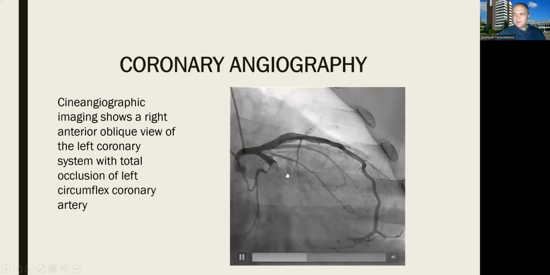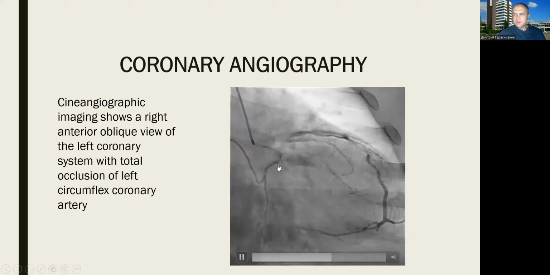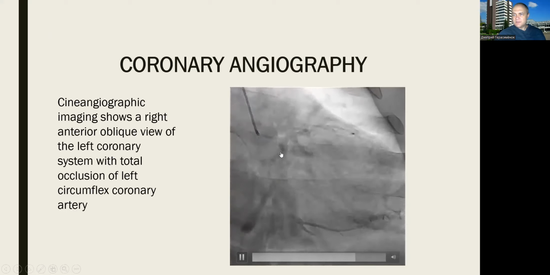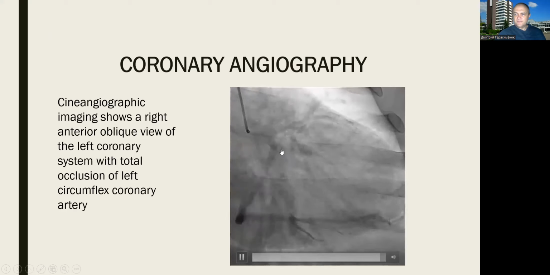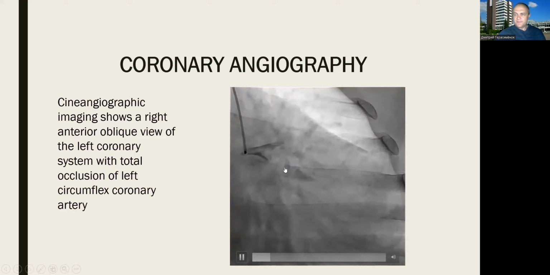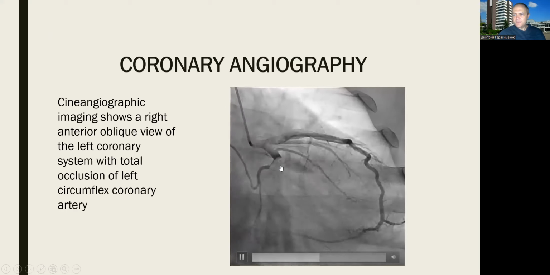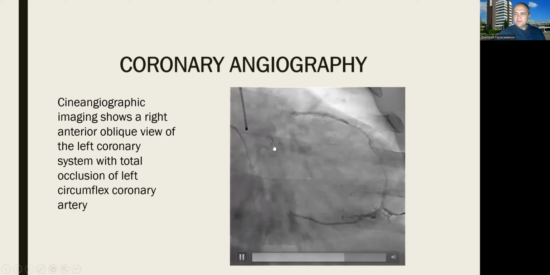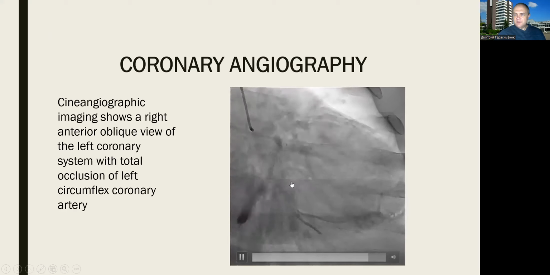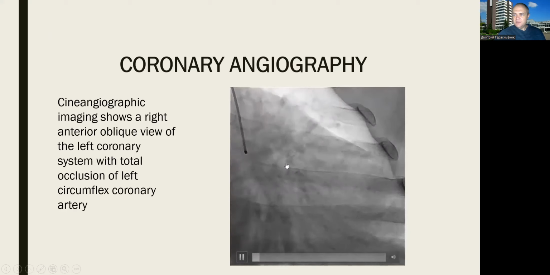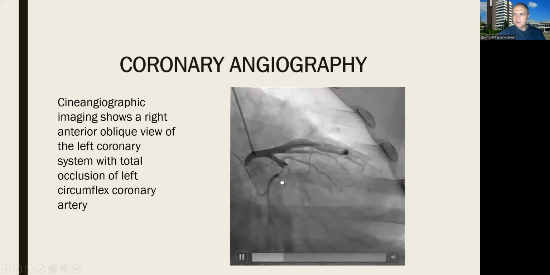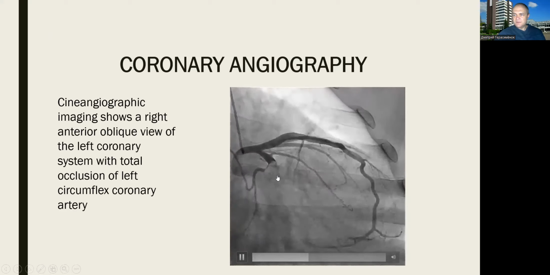Here is, yes, total occlusion. So the contrast stops here. Look again, the contrast stops here. And you can pay attention to the narrowing of the right coronary artery here.